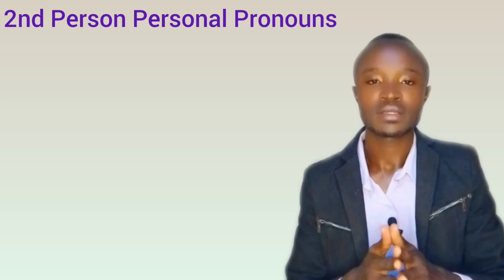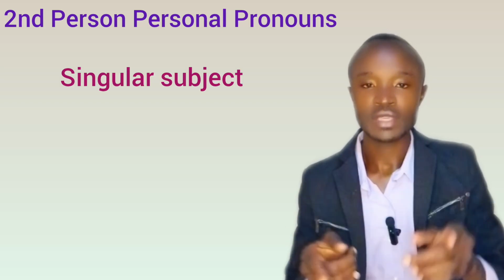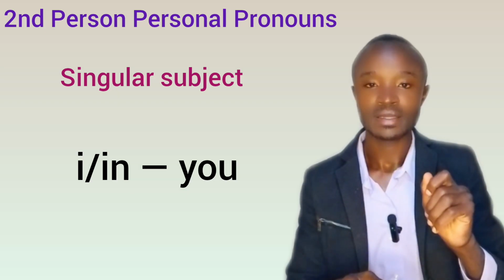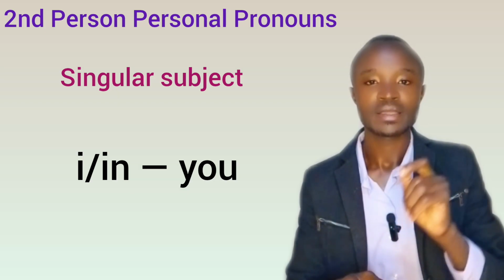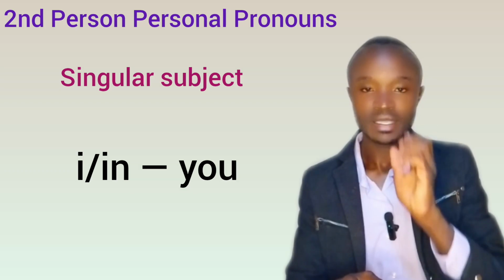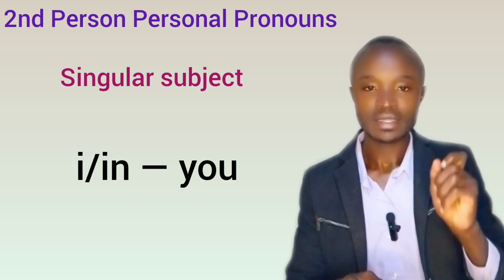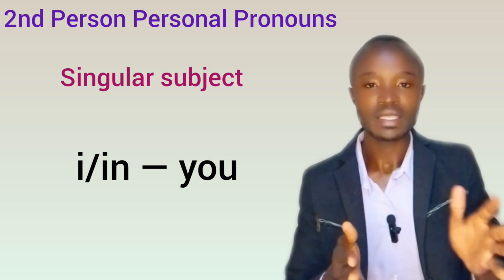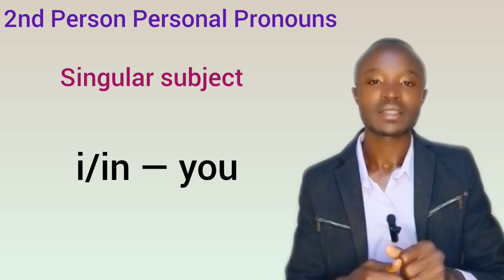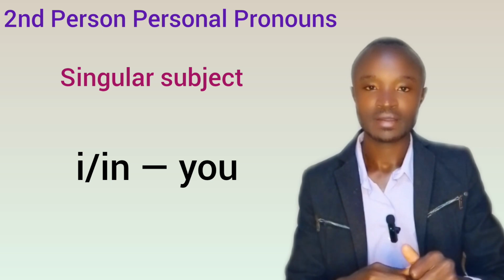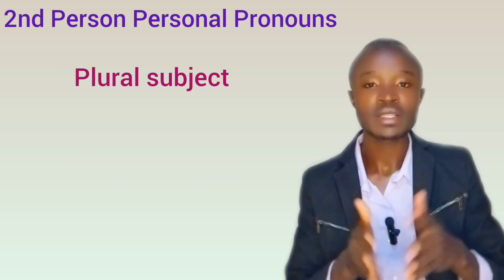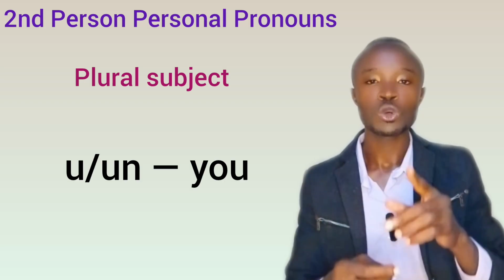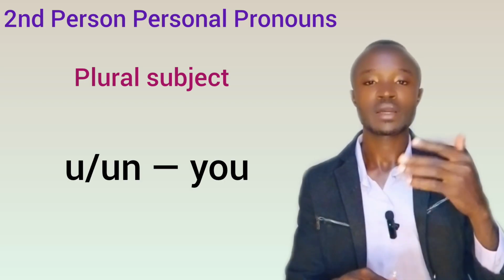The second person personal pronoun, singular, is I or in. I, in. The I is short, and the in, you can hear it's pronounced with quite an open E. So you have I, in, and the plural second person personal pronoun is u or un.